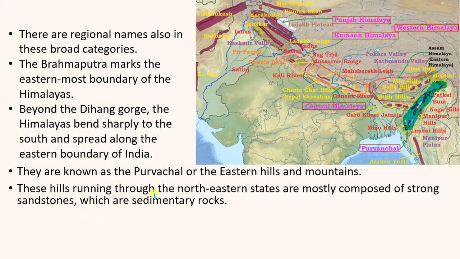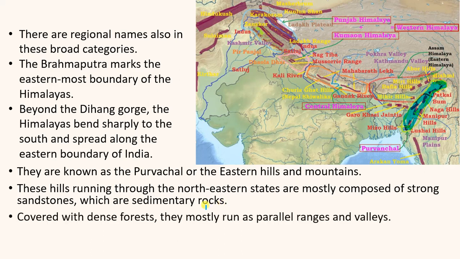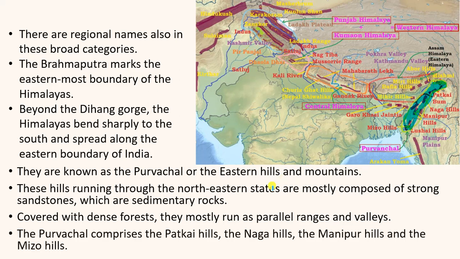These hills running through the northeastern states are mostly composed of strong sandstones, which are sedimentary rocks. Covered with dense forest, they mostly run as parallel ranges and valleys. So these are generally dense forest, and the ranges and valleys are seen parallel.